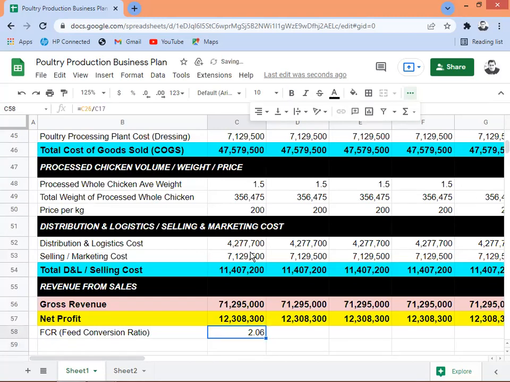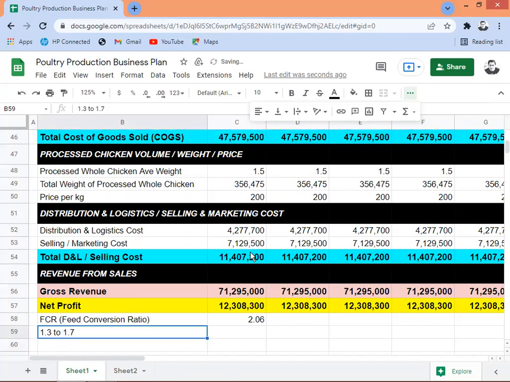Ideally, FCR should be 1.3 to 1.7. That is a good FCR. FCR should be monitored every month, or with weekly monitoring, so that you know whether you are wasting much of your feeds.